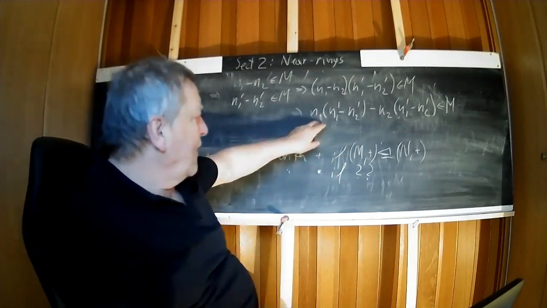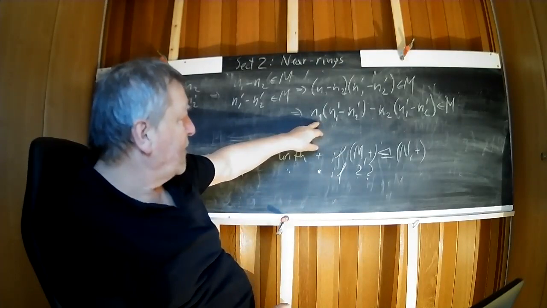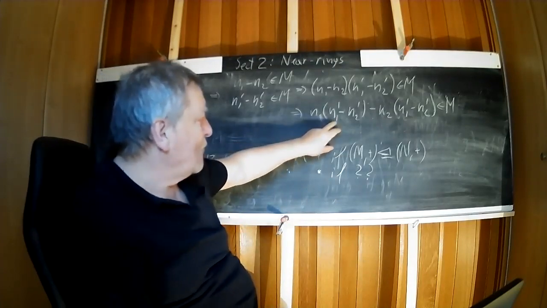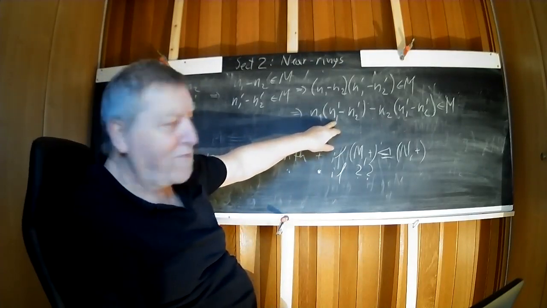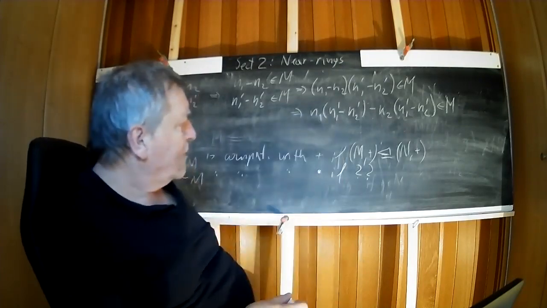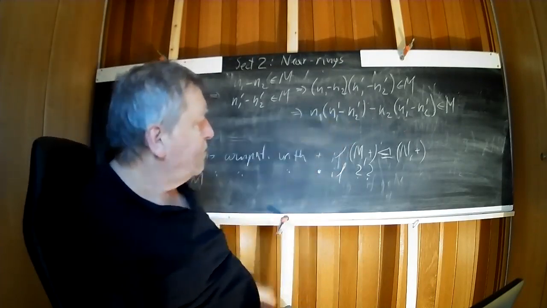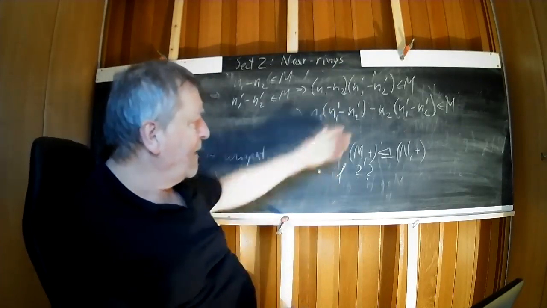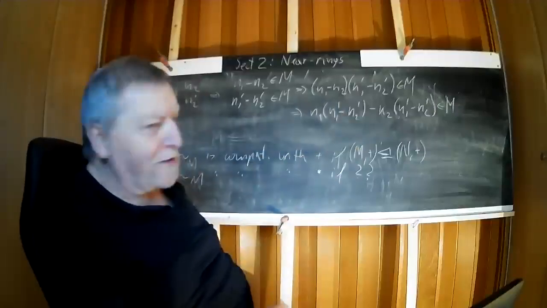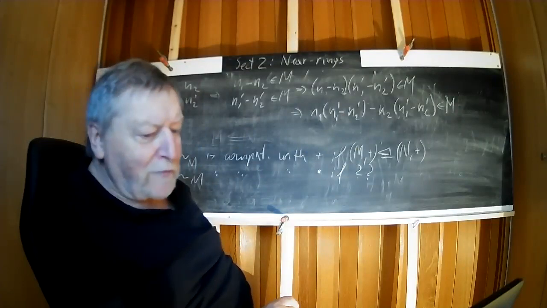If it were a ring, if we had the distributive law here, we would have N1 times N1 prime in M. Okay, that's the second thing. Then it goes on, but we are not in ring theory, so we do have to work a little more.